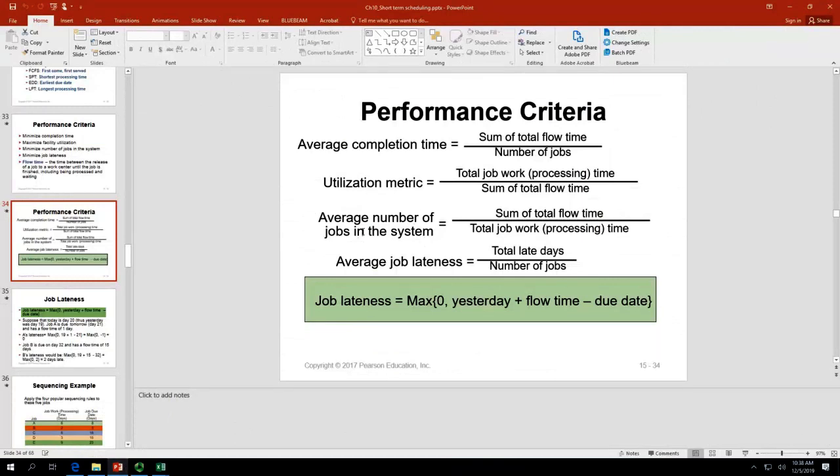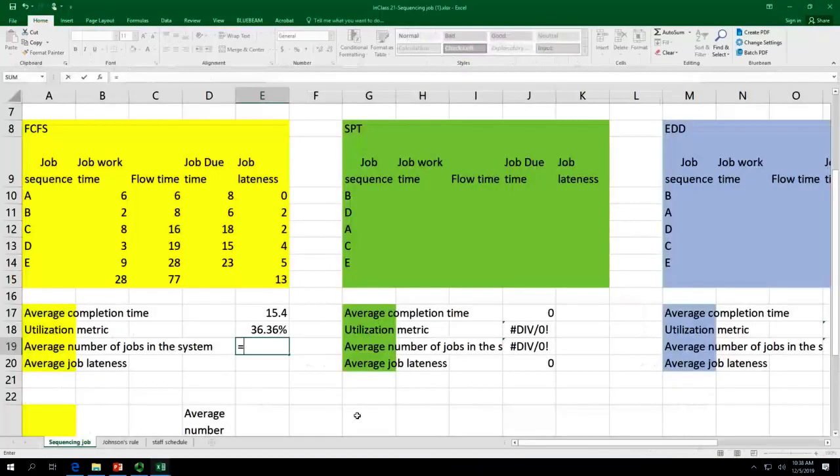Average number of jobs in the system, look at what is the formula over here. Average number of jobs in the system is the sum of the total flow time divided by the processing time. So equals 2.74.